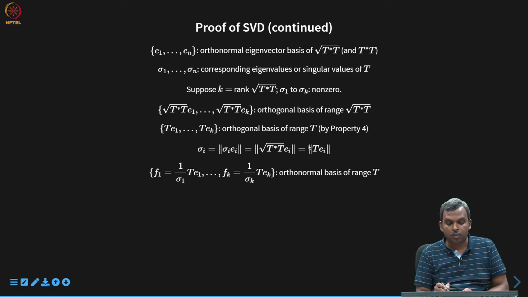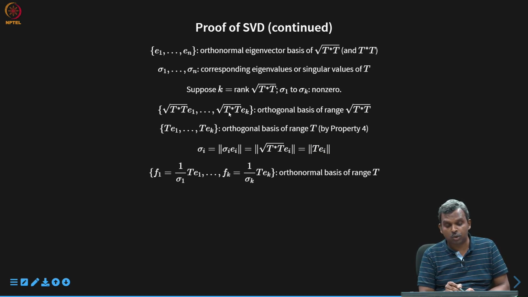Since it preserves norm, the norm of Tei and the norm of square root T star T Ei both have to be equal to sigma i. So the norms will be the same, sigma i, and they will also be orthogonal.